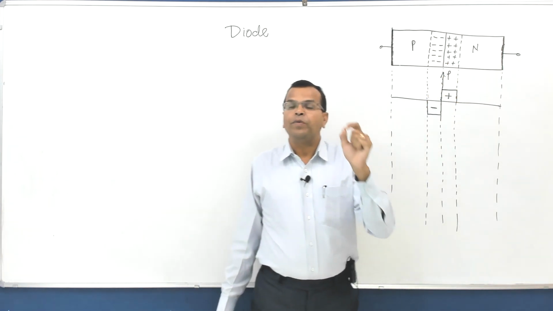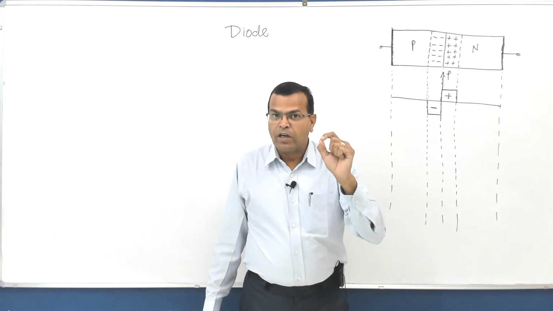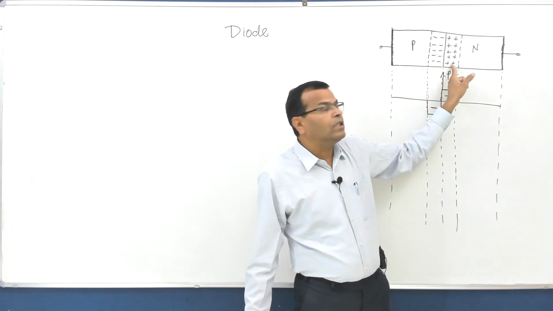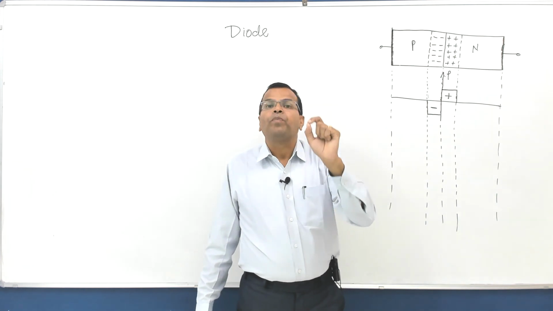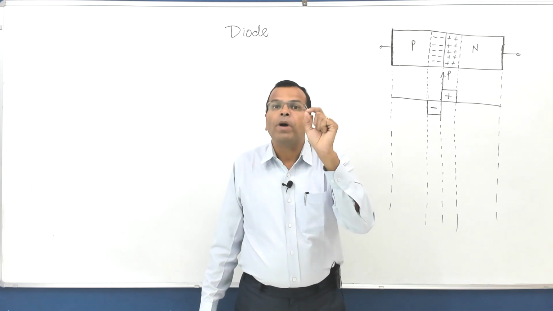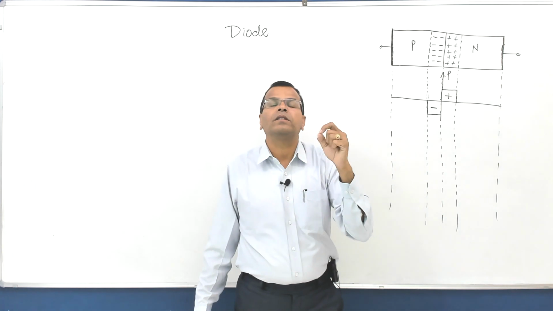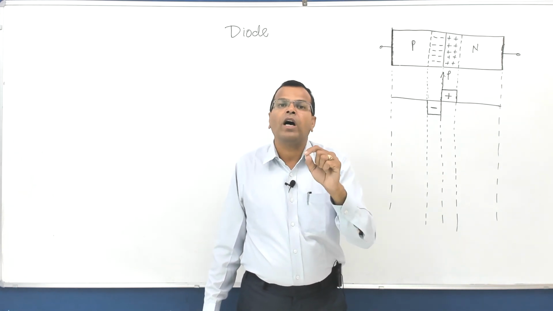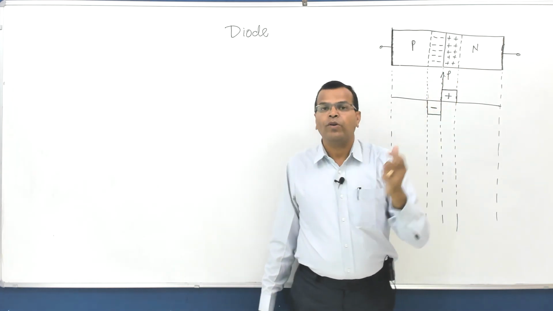On N side we have donor concentration. So on N side, this is nothing but donor atoms, donor ions. So the donor atoms per unit volume is the donor concentration multiplied by the charge of one electron, or you can say charge Q equal to 1.6 into 10 to the power minus 19, that is positive charge equal in magnitude to that of an electron.